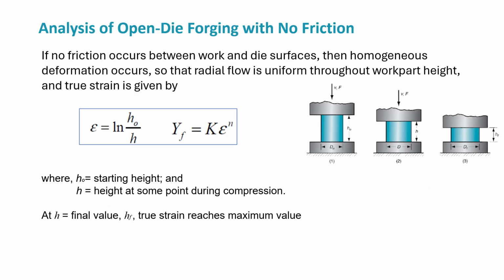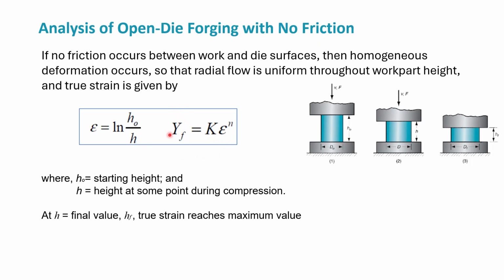Before I start the calculation, we need an introduction about the analysis of open die forging with no friction. If no friction occurs between the work and the die surfaces at the contact points, then homogeneous deformation will occur. You can see that the height is just changing, so the radial flow is uniform throughout the work part height, and the true strain is given by the equation: strain equals the natural log of the initial height divided by the final height.